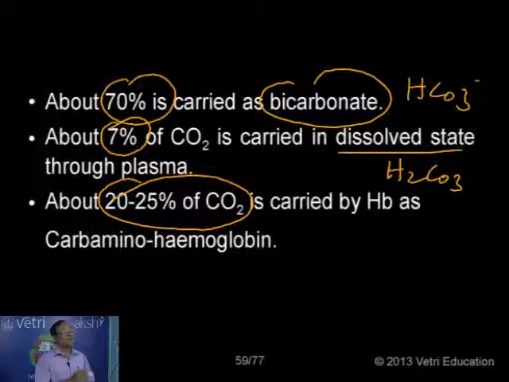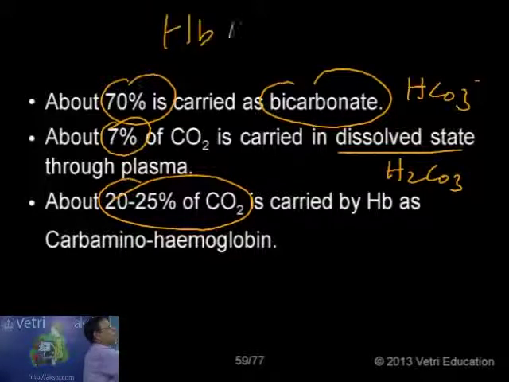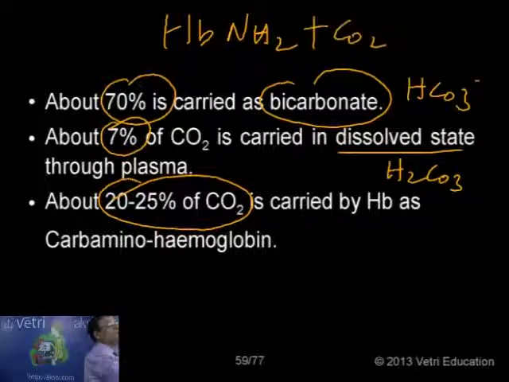See, hemoglobin consists of the heme part plus the globin part. The globin has nearly 586 amino acids. Each amino acid has a carboxyl group and an amino group. So, taking the hemoglobin amino group in a simple manner, Hb-NH2, the carbon dioxide combines with this amino group.